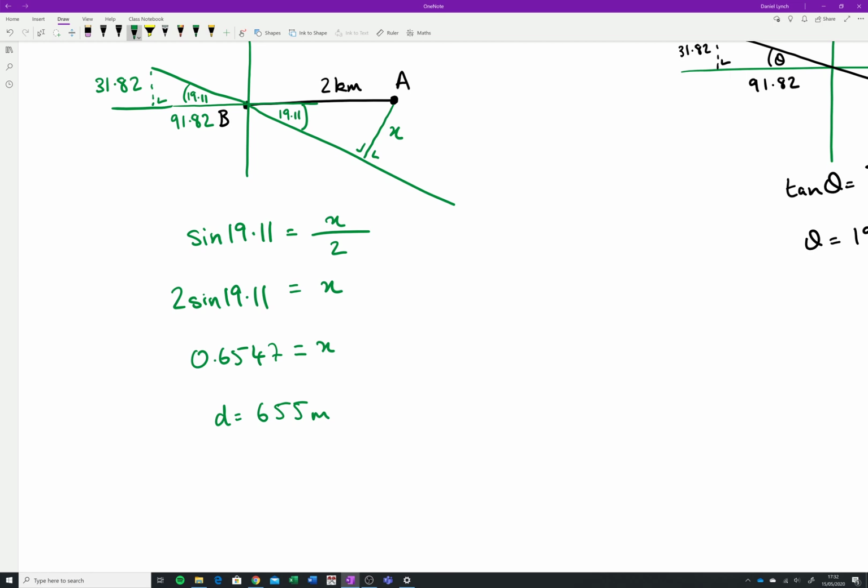They didn't specify, which is a bit of a pain. You could just write 0.655 kilometers if you wanted to. I'm not sure what I'd do in the exam. Maybe I'd write out all the decimal places and go from there.